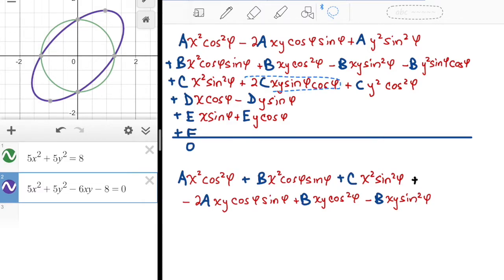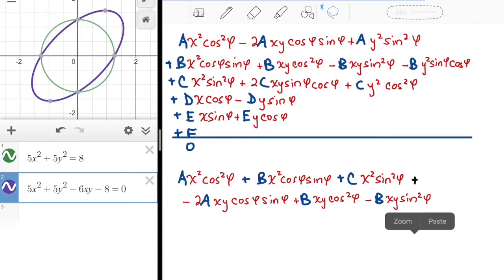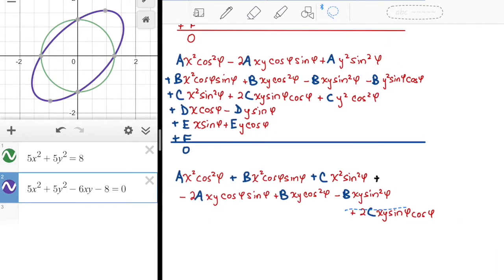Alright, it looks like we're down to this line here. A little out. Oh, I still got some room. Alright, then next up would be the y squares.